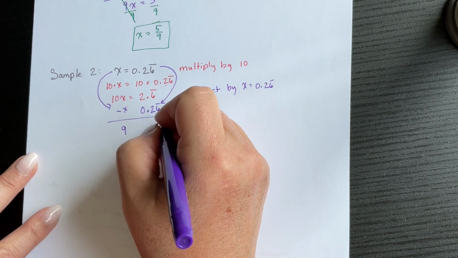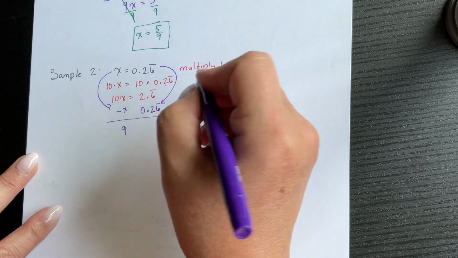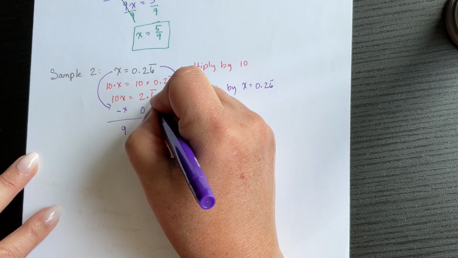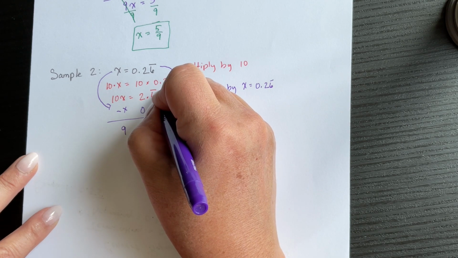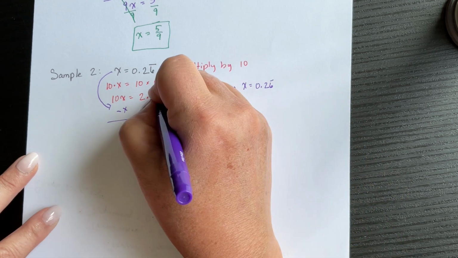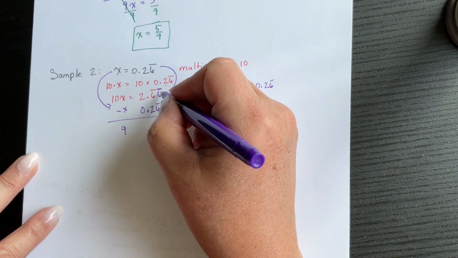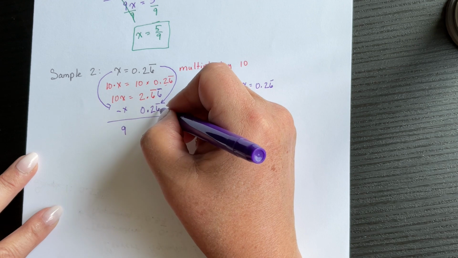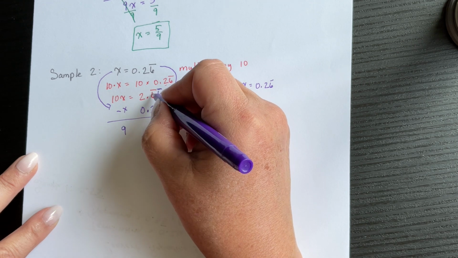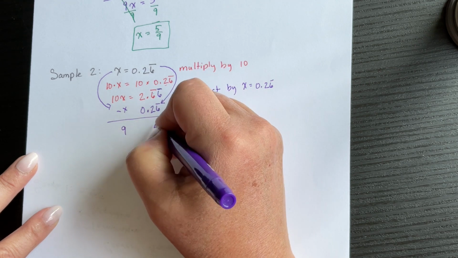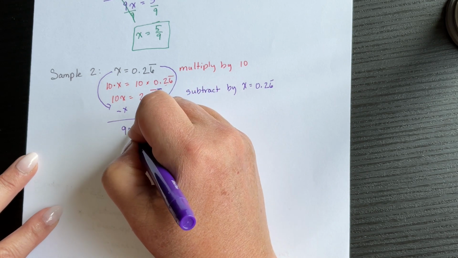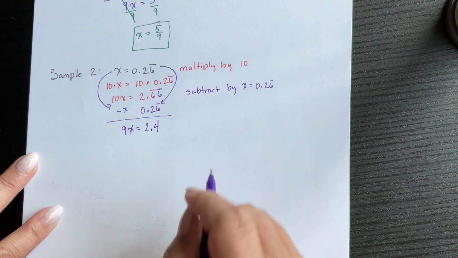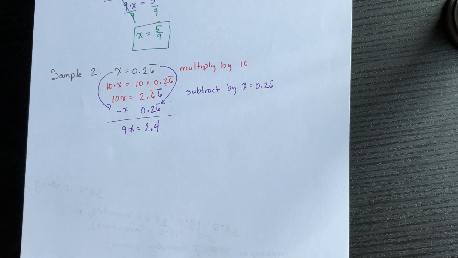And on this side, it's a little difficult to see. So that when I do my subtraction, I'm going to put that other 6 here, right? So what do I have? 6 repeating take away 6 repeating is 0. 6 take away 2 is 4. And then 2 take away nothing is 2. So 9x equals 2.4.